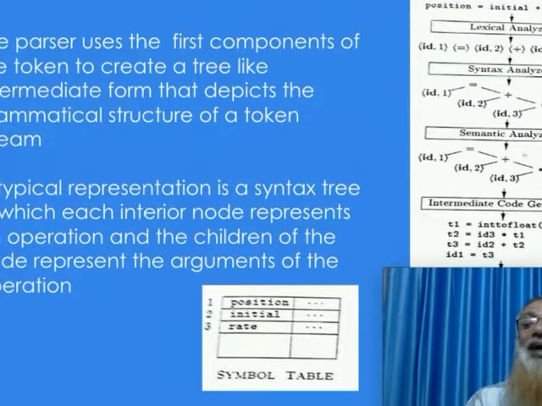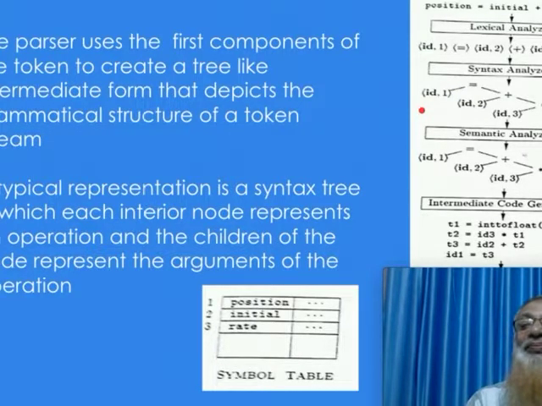Then, as per that, he will design a grammatical structure, and based on that grammatical structure, a parse tree will have to be created like this. If a parse tree could be created like this, then the mission of syntax analysis is accomplished.